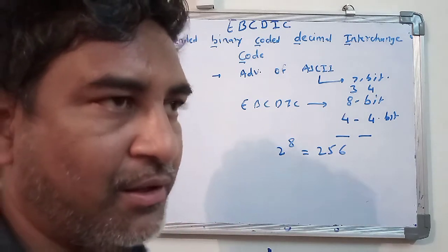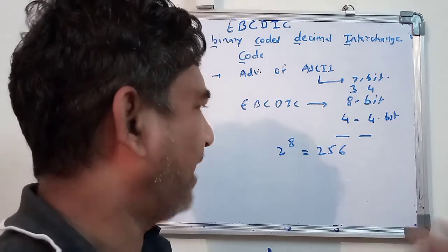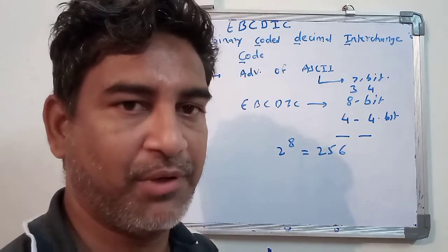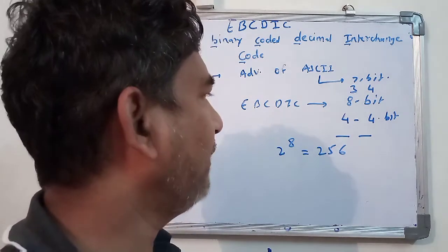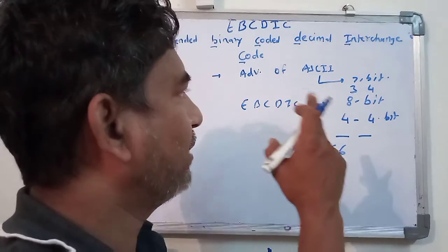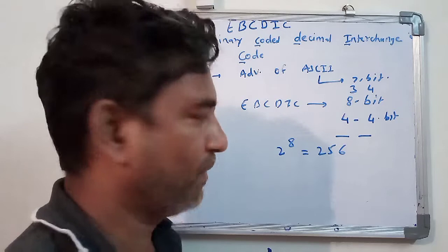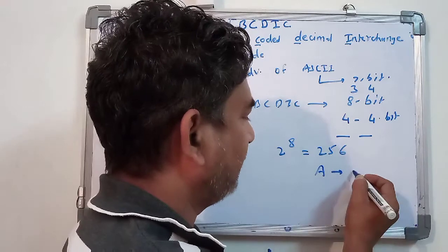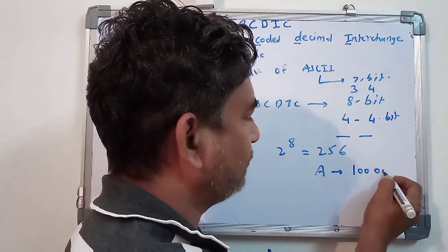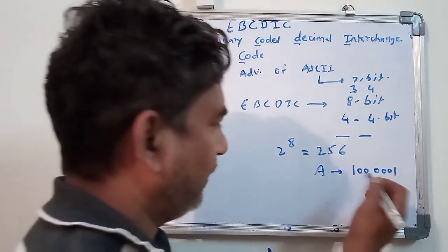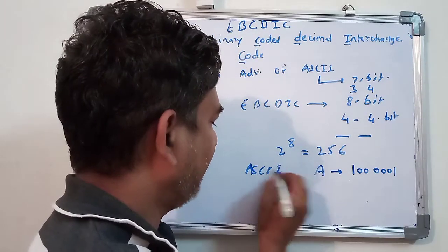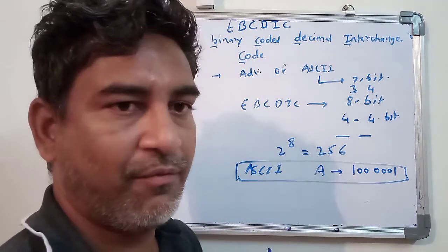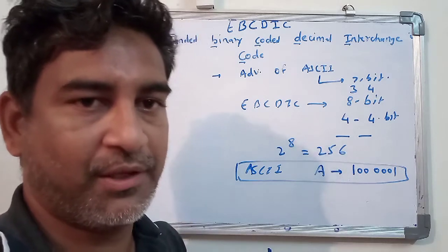Now how does this advanced form work? In the text the chart is not given, only the example is given, so the same example we have to study. Whatever ASCII example we have taken, this capital A, as I told you, has the value 100, then 0001, written in ASCII. What you have to do is just add 1 before the third bit.